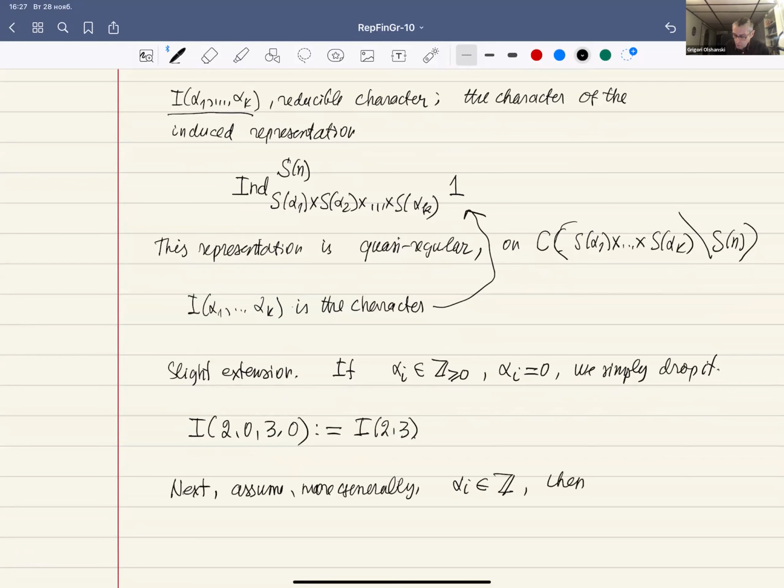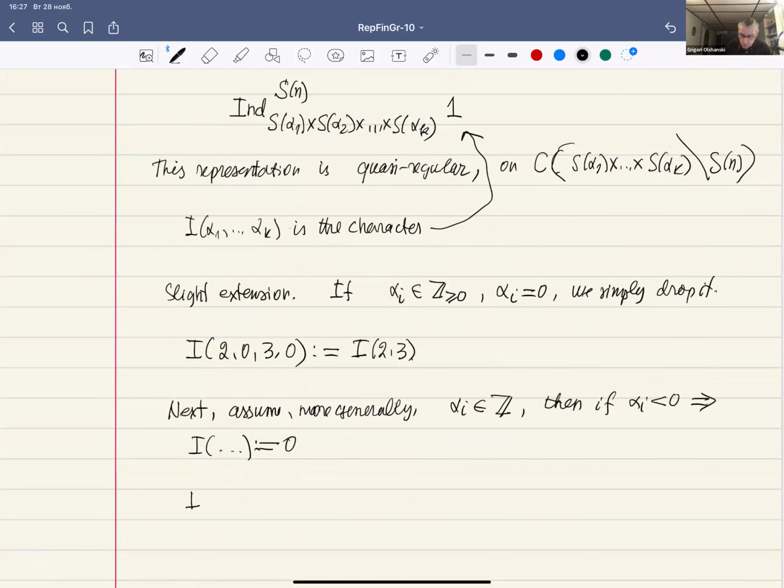Then if some number is negative, by definition it's just the zero function. So, for instance, if you want to give a sense to something like this, this is by definition simply zero. This is the definition.